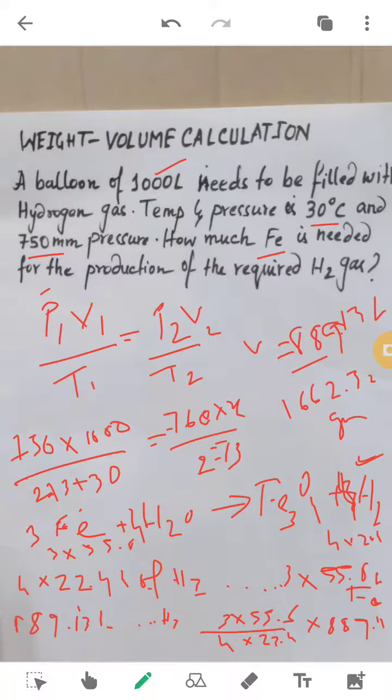So 1662.52 grams of iron is required for the production of the required hydrogen gas.